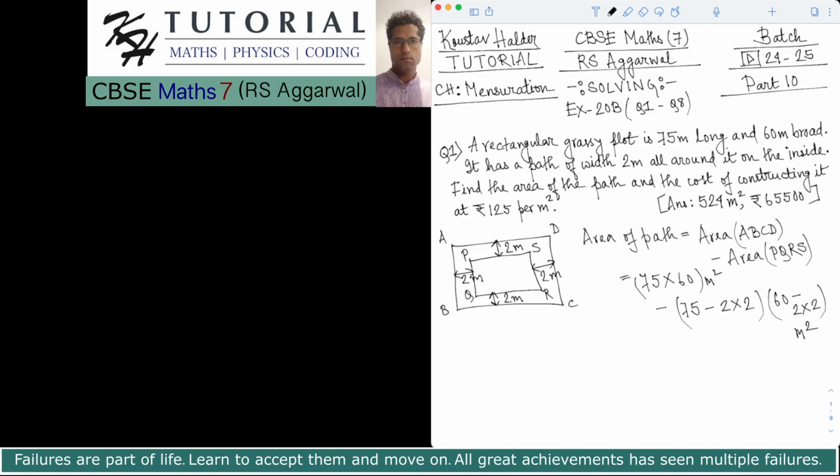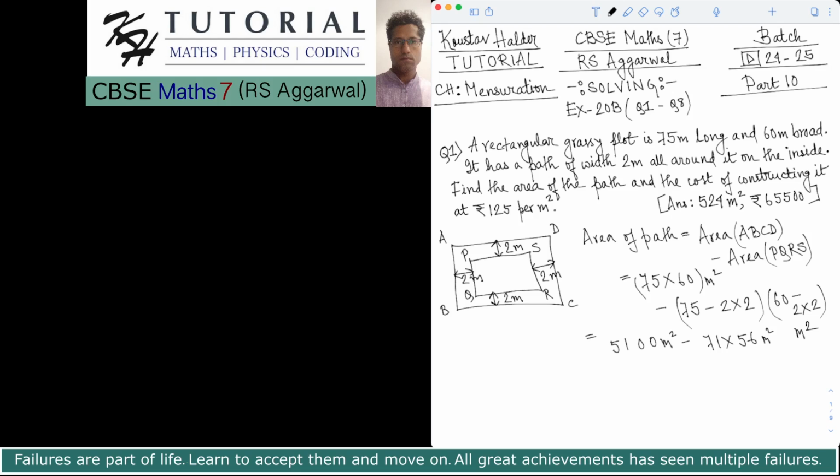Okay, so what is 75 multiplied by 60? This is 3510 meters square minus the inner rectangle, which is 75 minus 4, that is 71, multiplied by 60 minus 4, that is 56.